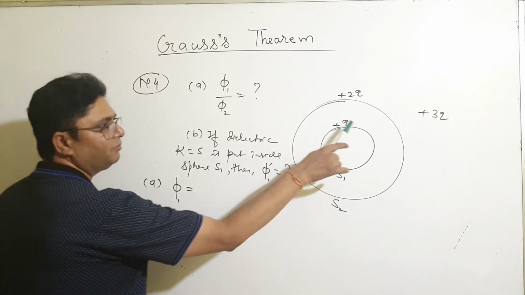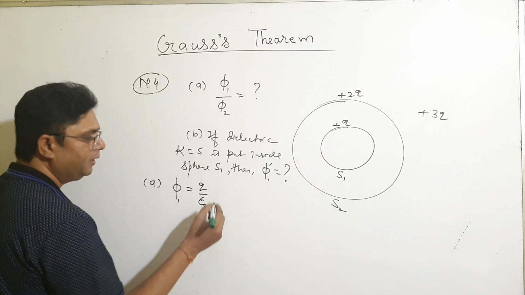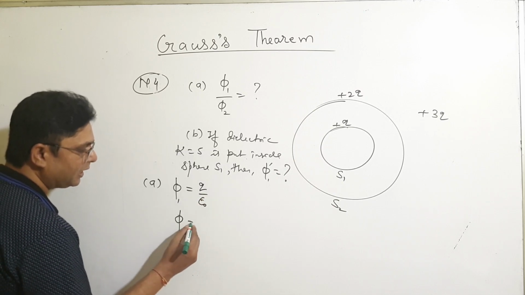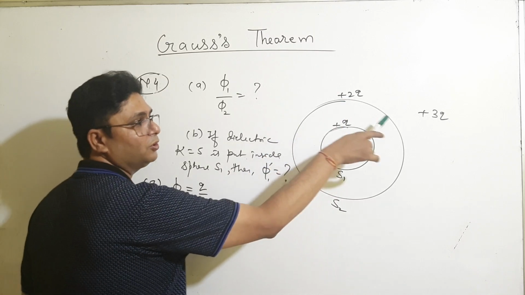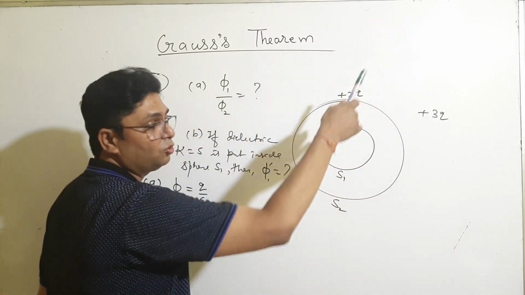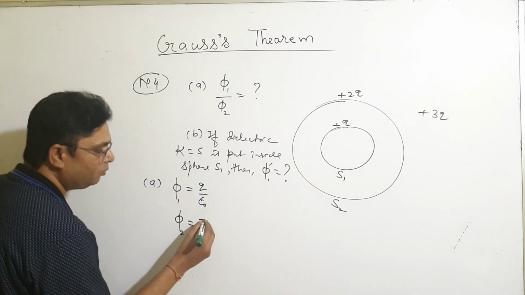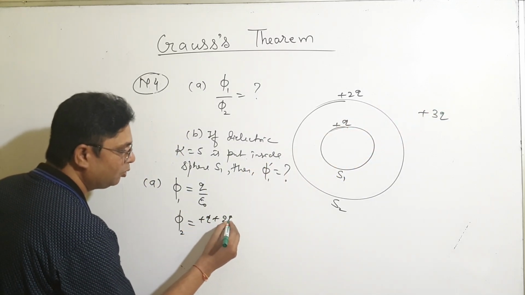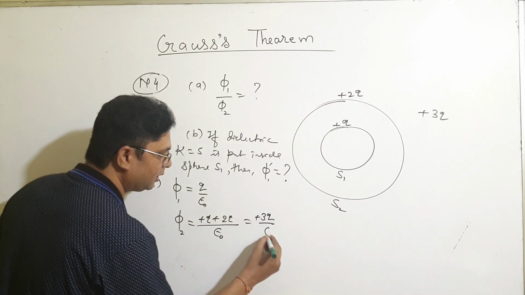The first sphere carries a charge plus q, so you have q by epsilon naught here. And the second sphere carries charges plus q and plus 2q, because this charge is outside the sphere, so we do not consider that charge. So phi 2 is equal to q plus 2q upon epsilon naught, which is 3q upon epsilon naught.